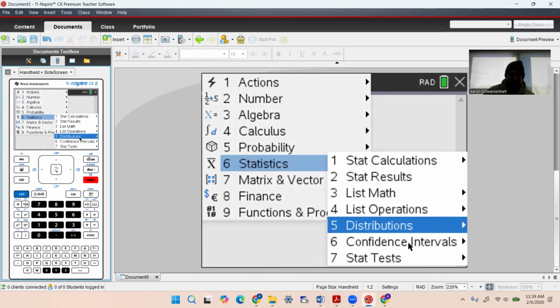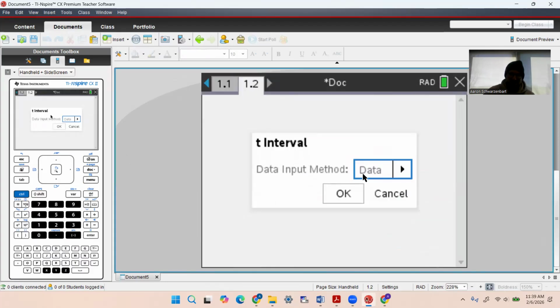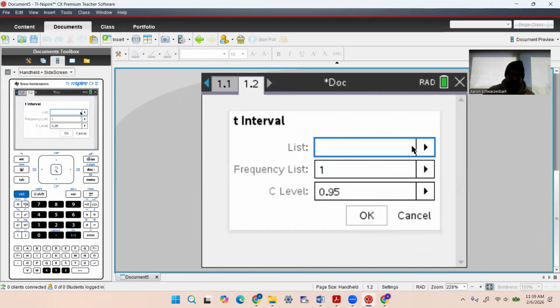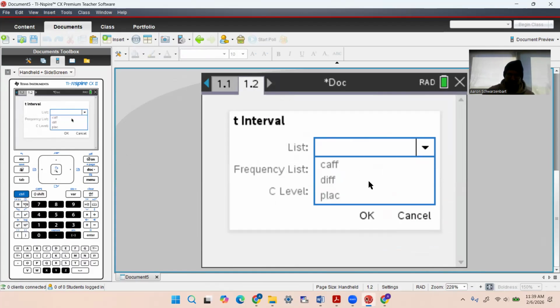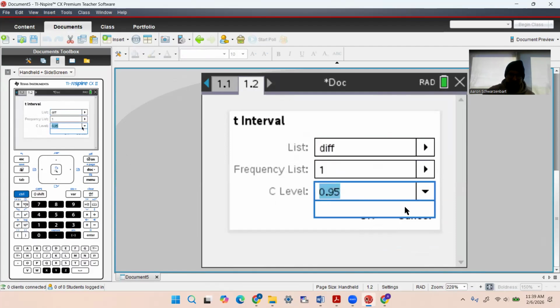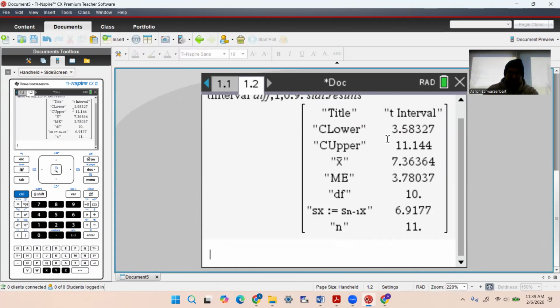Menu, statistics, confidence interval, t-interval, data. I must do the one that's called difference. It asked me for a 90%, so I get to type this, 0.9. And my upper and lower are 3.58 and 11.1.